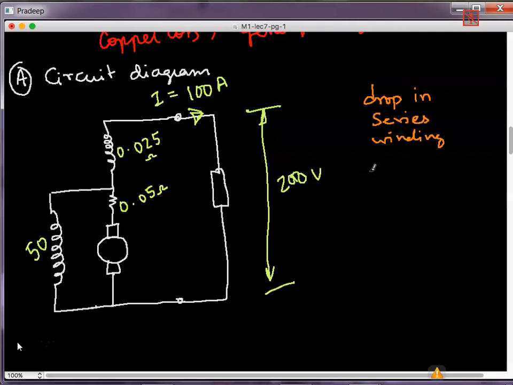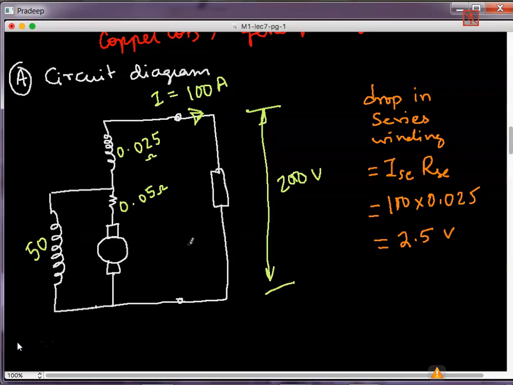So that is nothing but ISE RSE. The current is already given as 100, and RSE is 0.025. So that is nothing but 2.5 volts. Therefore, armature voltage VA will be nothing but V plus VSE, voltage in the series winding.